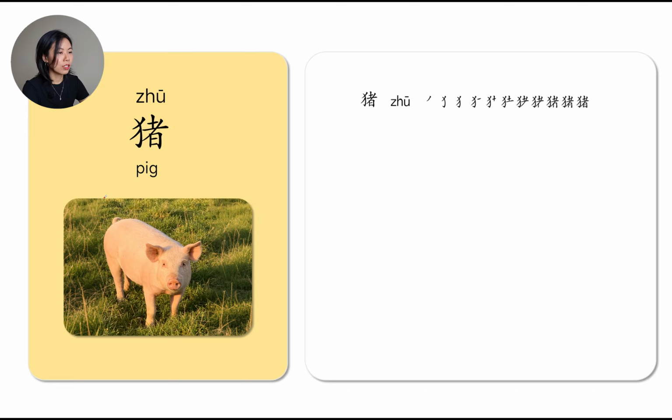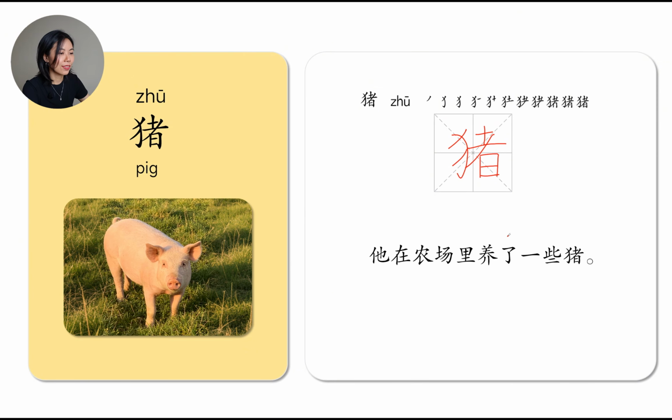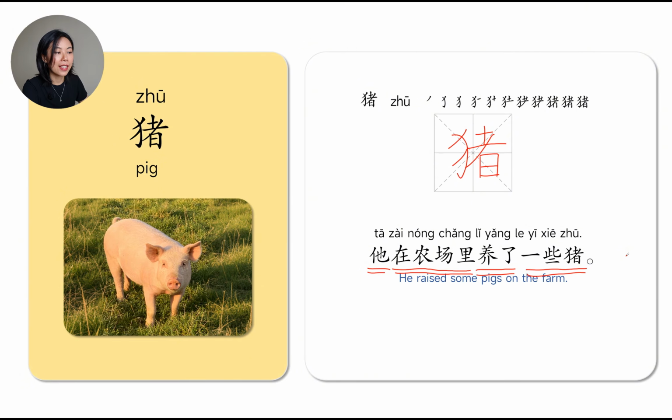Let's write the 猪。1、2、3、4、5、6、7、8、9、10、11。很好。他在农场里养了一些猪。He raised some pigs on the farm.